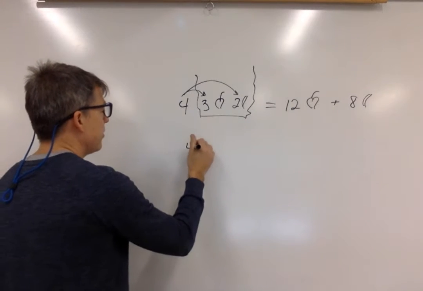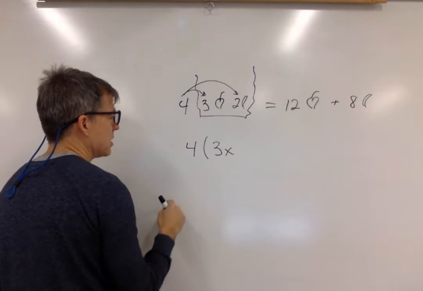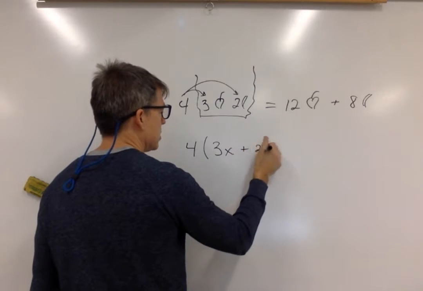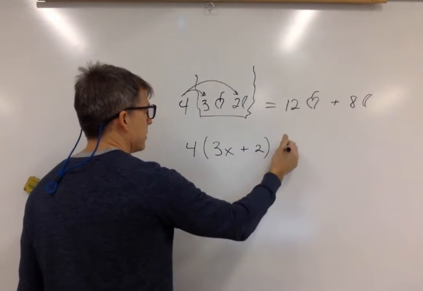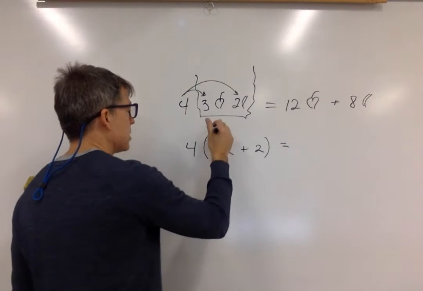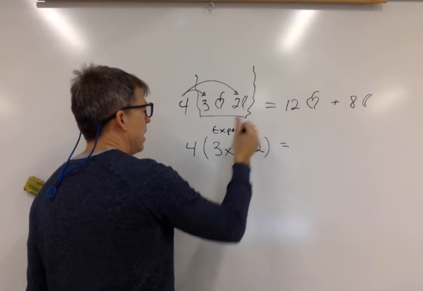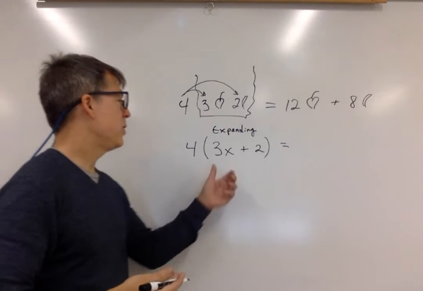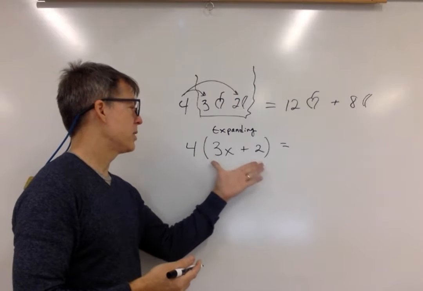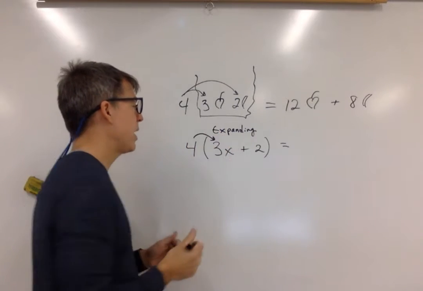Let's say that I have 4, but this time instead of a grocery bag, let's say I have 3 x's, and then plus a 2 here, okay? You can do what's called expanding. And all you're doing is, if you have 3 x's inside this little parentheses, but you got 4 of them, guess how many total x's you have?